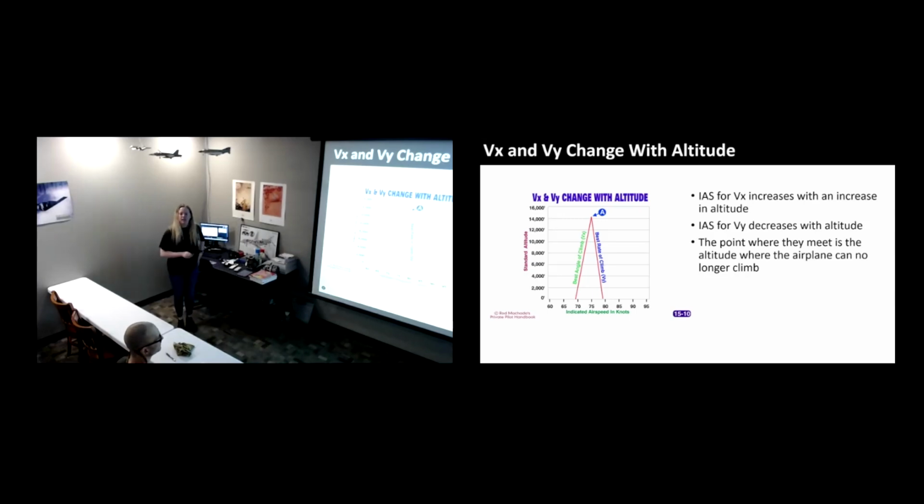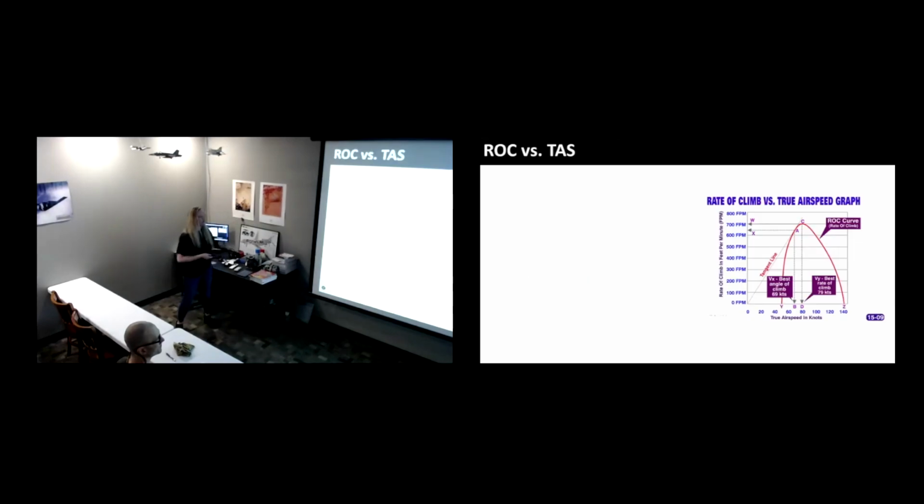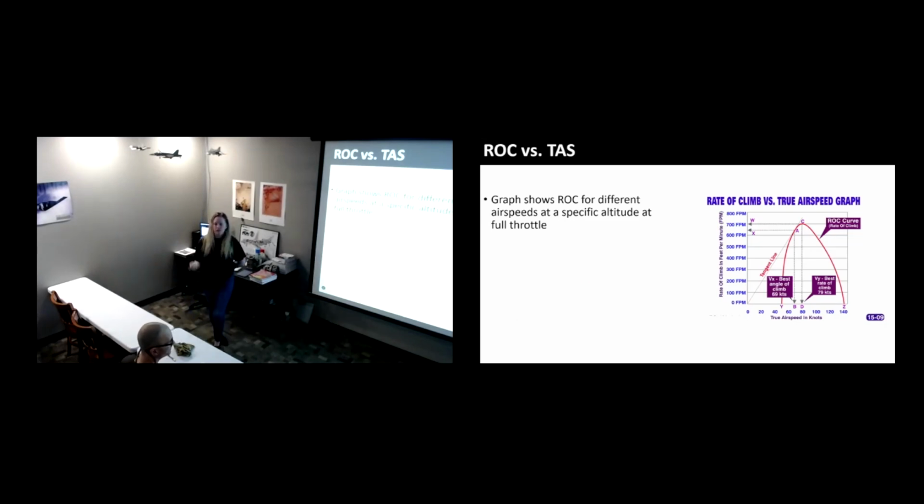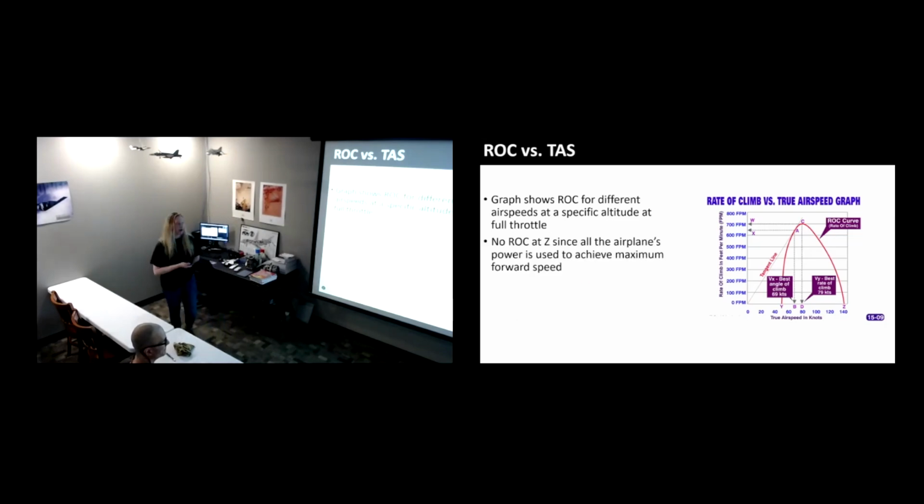All right, so really not a whole lot, which is why you don't hear a whole lot about that in flight training, because the numbers change very, very little. This is a rate of climb versus true airspeed graph. This is one that will not be on the written, but this is giving you background information for flight training later down the road, okay?